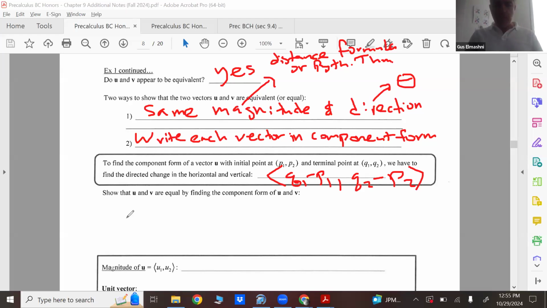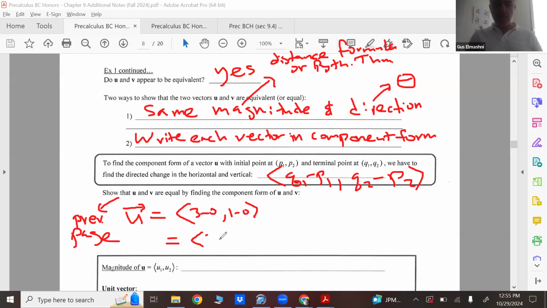So again, what we had on the previous page, U was simply 3 minus 0, comma 1 minus 0, which is 3, 1.